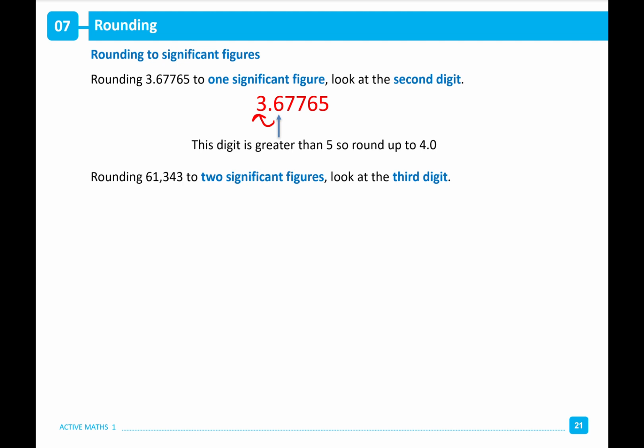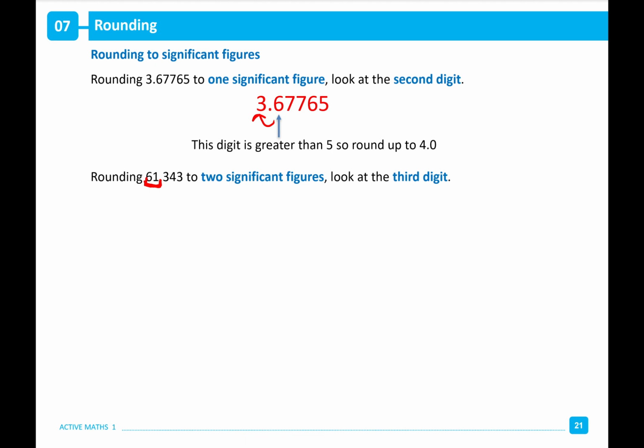Let's look at the next question. Round 61,343 to two significant figures. This means we keep the first two digits and all of the rest of the digits will go to 0.